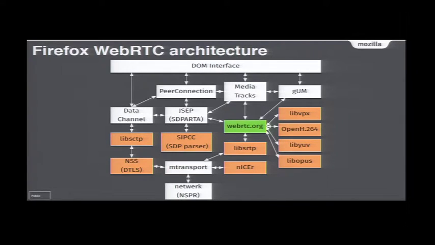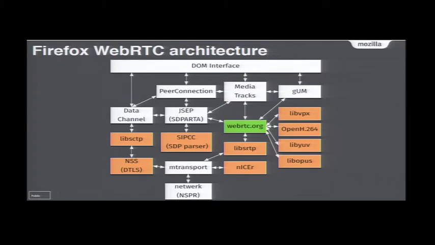As you can see, the green box is the code we import from webrtc.org, and that's a central and vital part of our architecture here. But all the pieces in white are code we have written from scratch in Firefox, and all the orange pieces are third-party libraries, depending on which piece we're talking about.